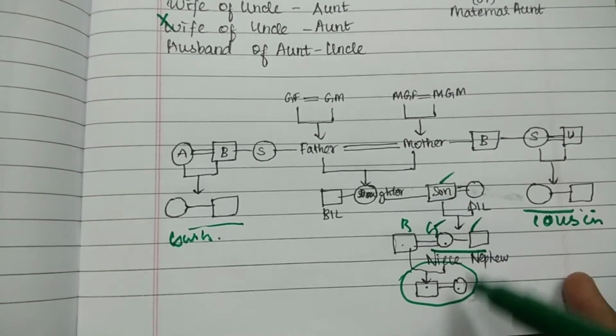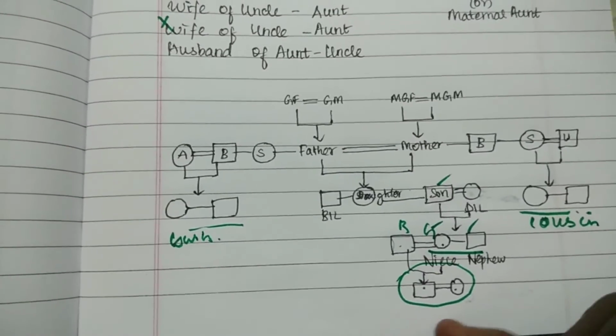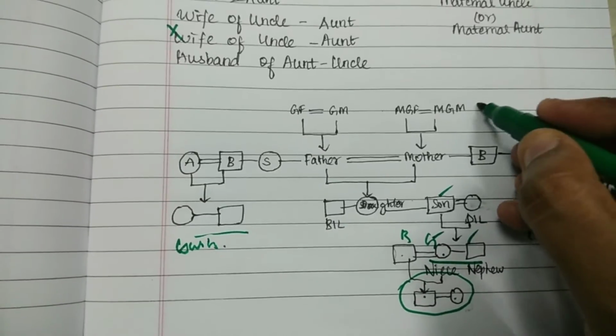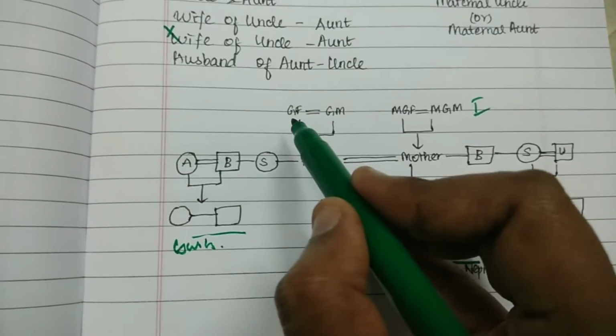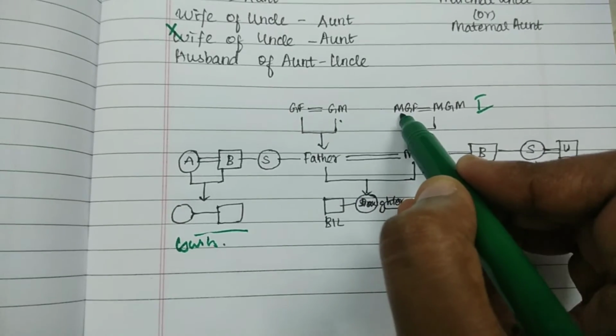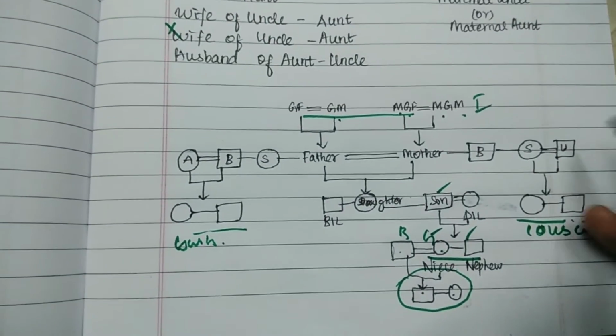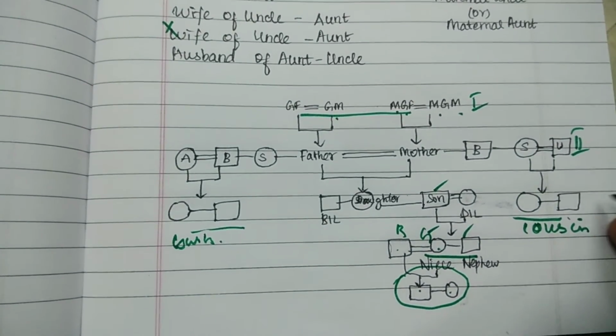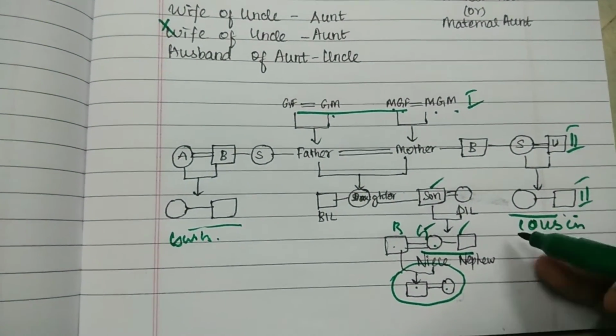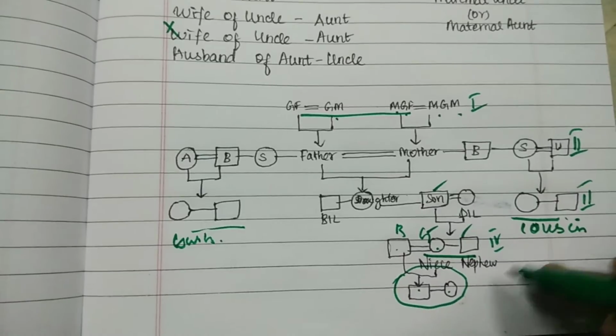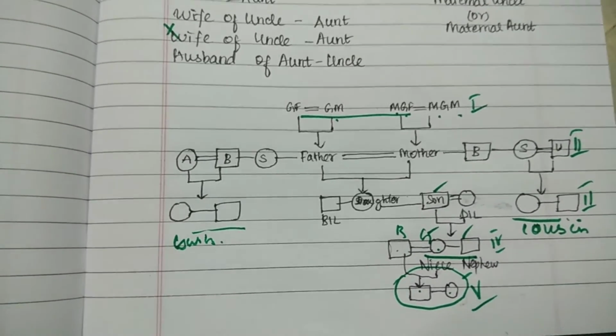So in this family tree you have 5 generations. This will be the first generation, where you have your grandfather, grandmother, maternal grandfather, and maternal grandmother. This will be your second generation, this your third, this your fourth, and this your fifth generation.